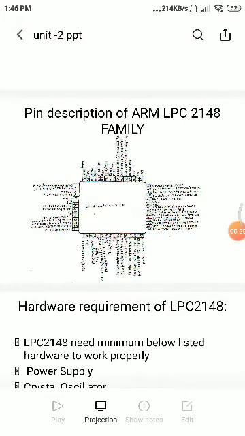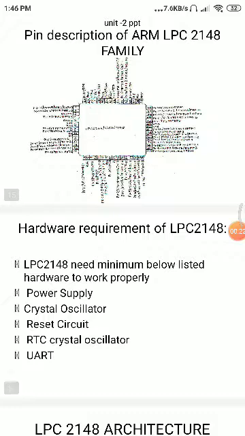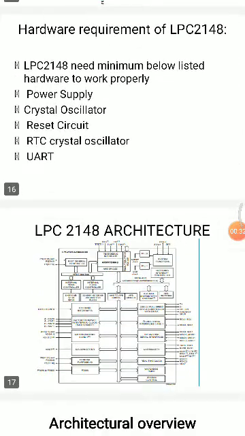The next is the hardware requirements of LPC 2148. The minimum hardware needed to work properly is the power supply, crystal oscillator, reset circuit, RTC crystal oscillator, and UART. These are all the architecture of LPC 2148.